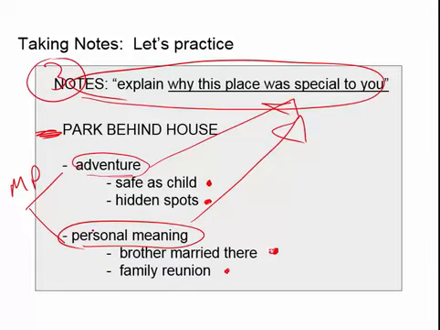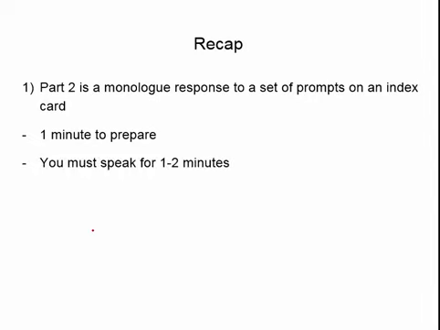Okay, so to review, part 2 is a monologue response to a set of prompts on a card that you will receive from your examiner. You have 1 minute to prepare a speech, and you must speak for 1 to 2 minutes on the topic provided. You need to cover all the topics on the card.